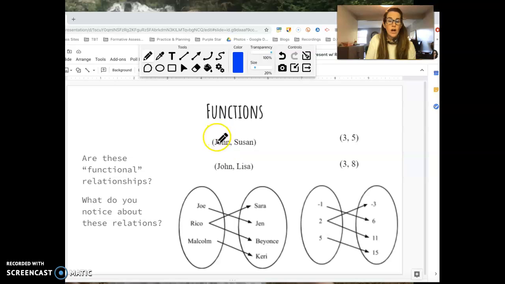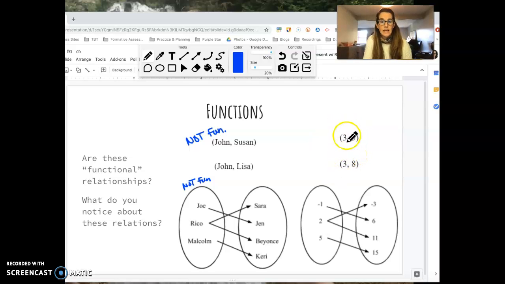So again, here you've got John and Susan and John and Lisa. You've got one input to two different outputs, so it is not a function. Right? Same thing here. You've got Rico, who is going to both Sarah and Beyonce, right? Not functional.